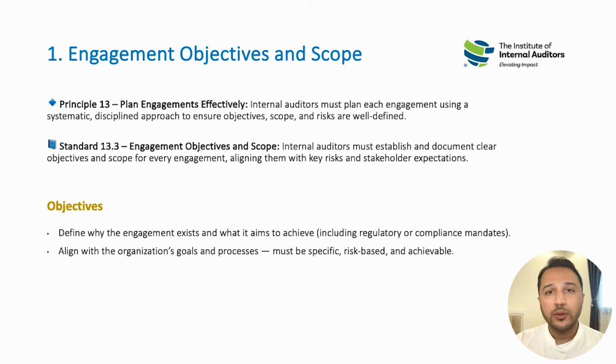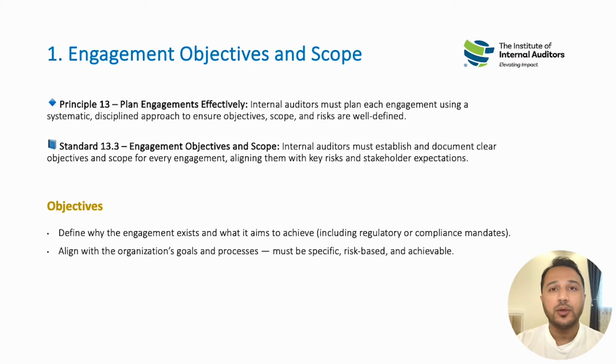So overall, objectives are basically what we decide we are aiming to achieve out of this audit engagement. Some engagements might be just to give assurance to the audit committee or management on a compliance-related matter, such as regulatory compliance or internal policies. Sometimes it could be to detect or identify a fraud.